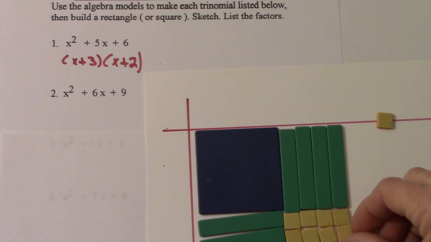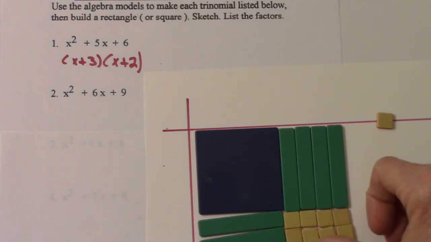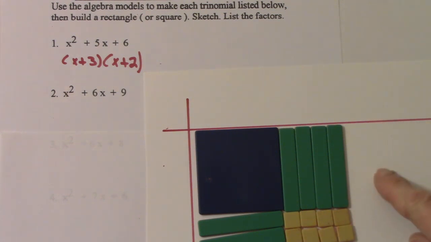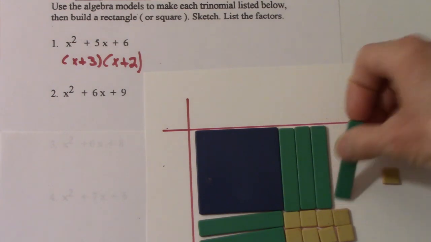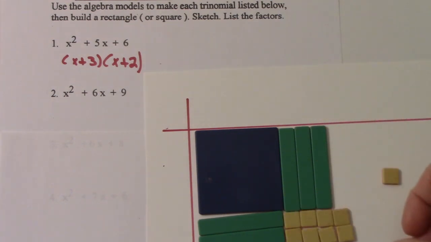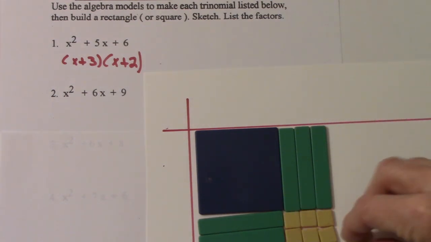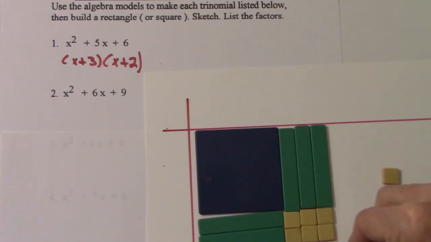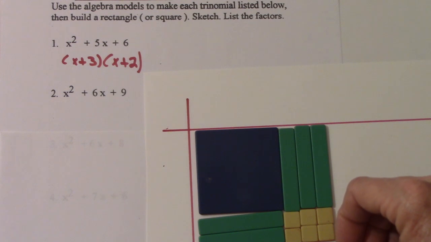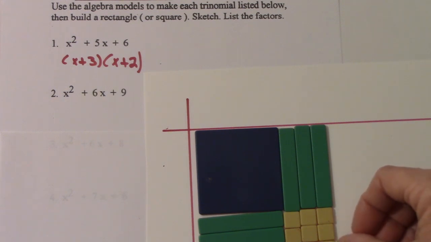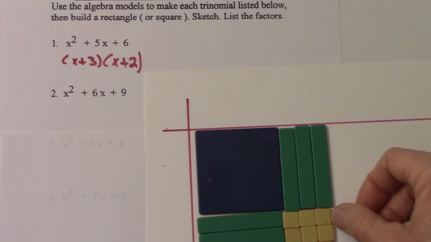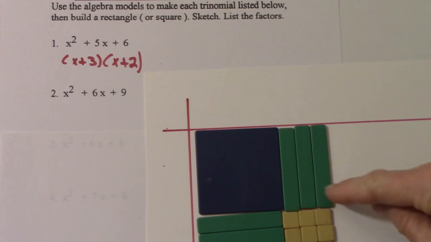We're super close, because we've got 8, and we still have 1 left over. But if we move another one over here, then we end up with a space for 9, because this is 3 by 3, and that gave us the 9.